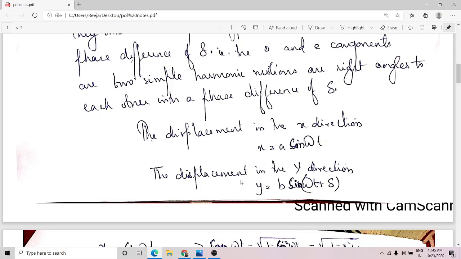The displacement in the y direction by the O component is given by y equal to B sin omega t. Here A and B are the amplitudes of the E and O components respectively, and I assign the phase difference to one of them. Here I have given it to the O component.